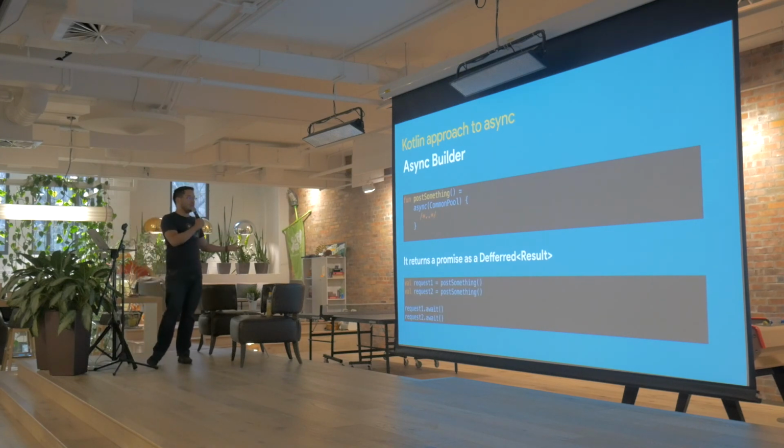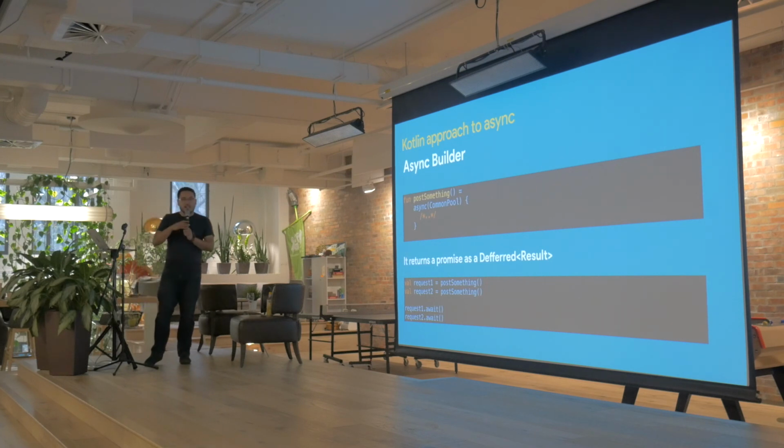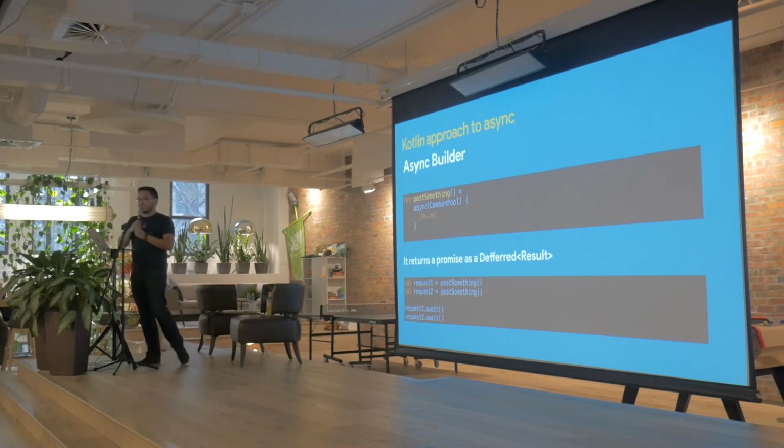So you can create two variables and put your method in there. It's going to call async, and async is going to return a deferred result, which is actually a promise. It's just another name for promise. They don't like to use the same name for some reason, but they all do the same thing. Then you can call await. Basically, await is saying: let's wait for that coroutine to finish before continuing.